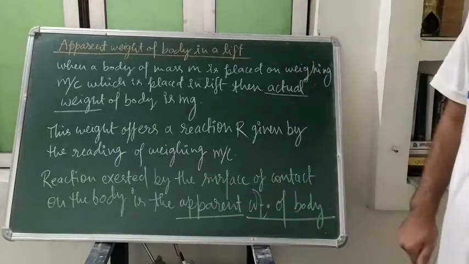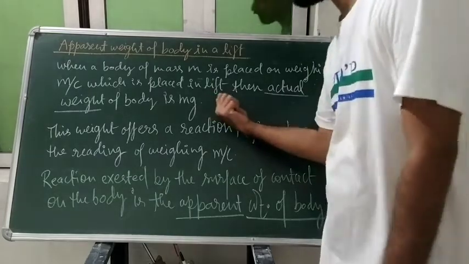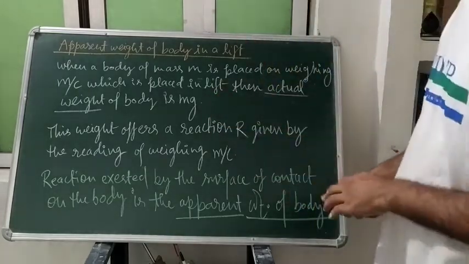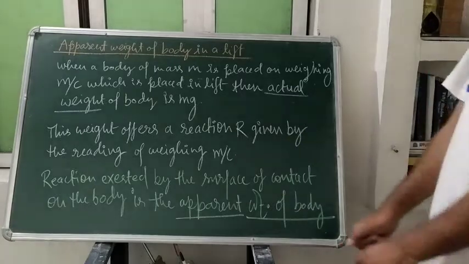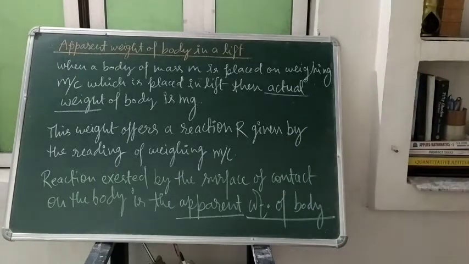And what will be the actual weight? Actual weight will be the force due to gravity, and that is nothing but the mass times the acceleration due to gravity. Okay, students, right up to here.